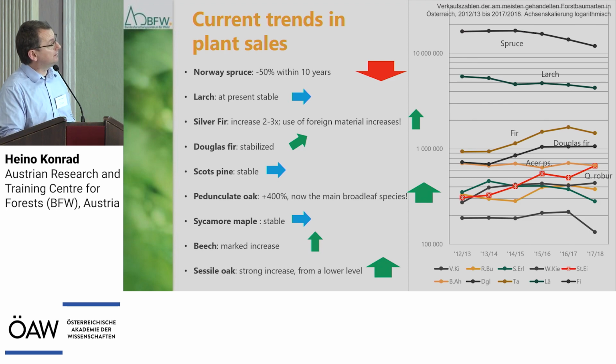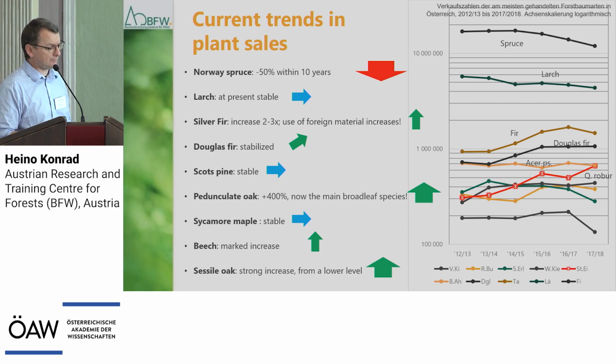So the graph goes until, unfortunately, only 2018, but I have the numbers until recently. Norway spruce was almost 20 million plants, but it has now dropped to less than 10 million.